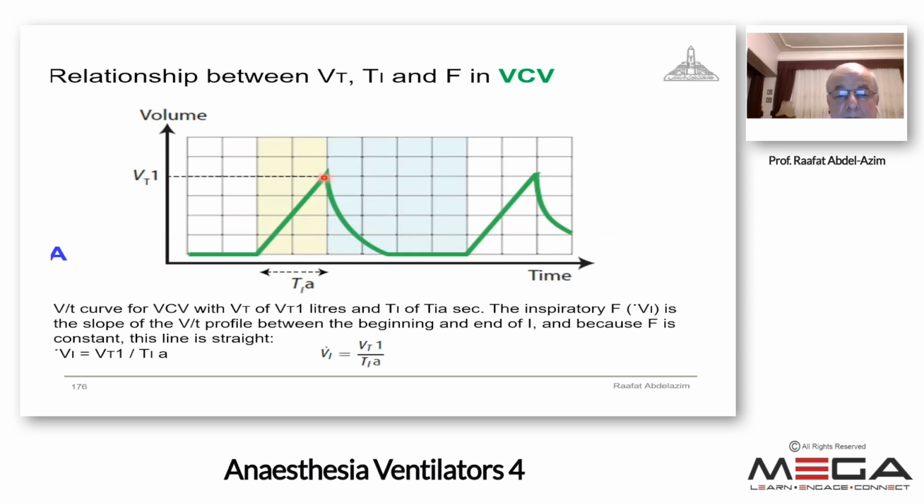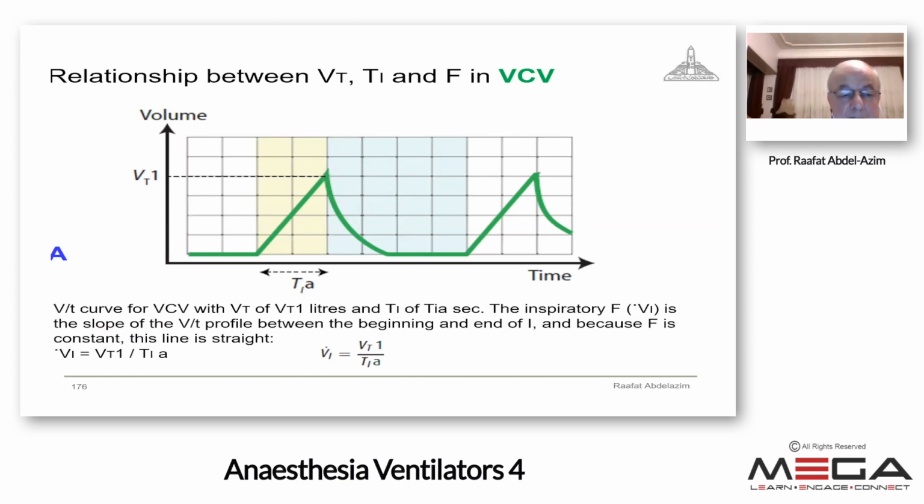We have this tidal volume here in the volume time display, volume time scalar. This is the inspiratory volume changes reaching the tidal volume, and this is the expiratory. So the peak is the tidal volume. Consider this one, we call it tidal volume 1. Now, we will do some change. The flow means volume per time.